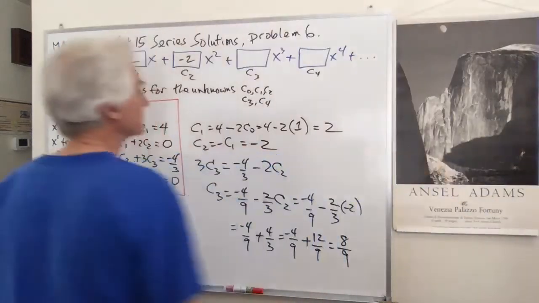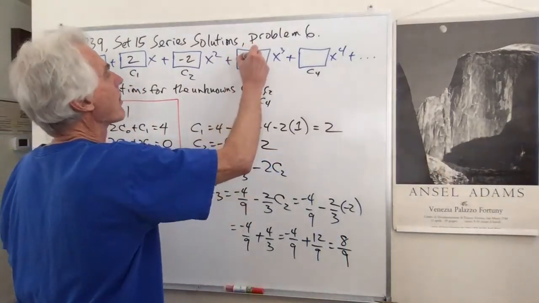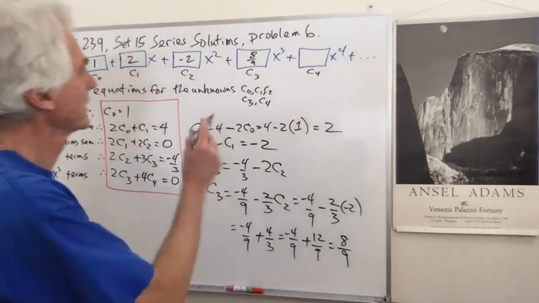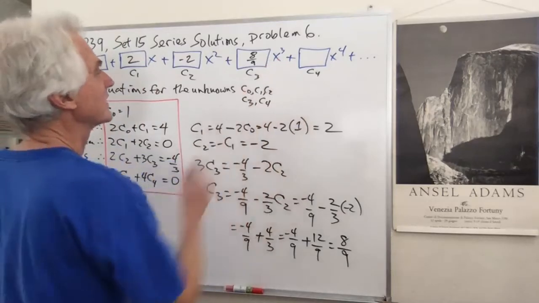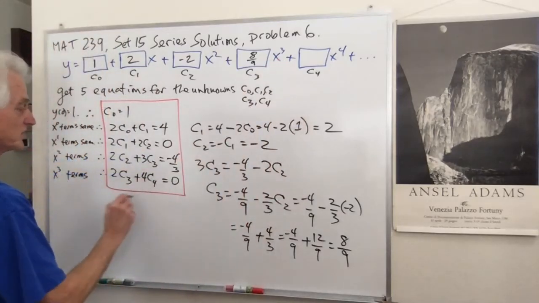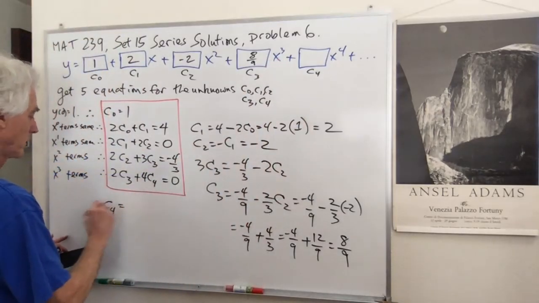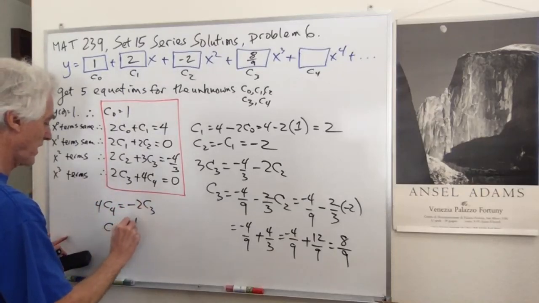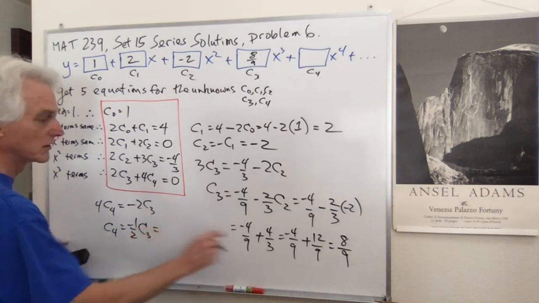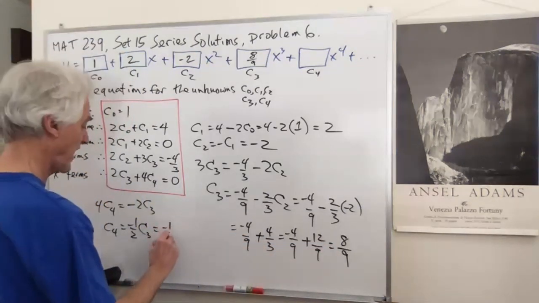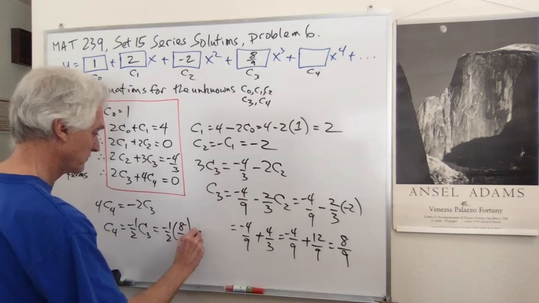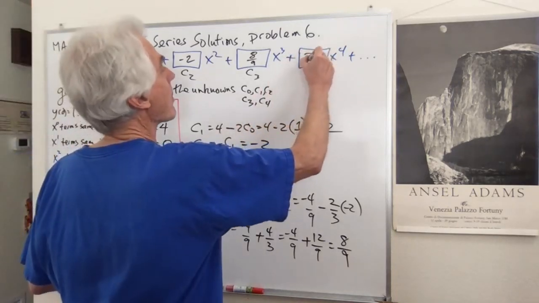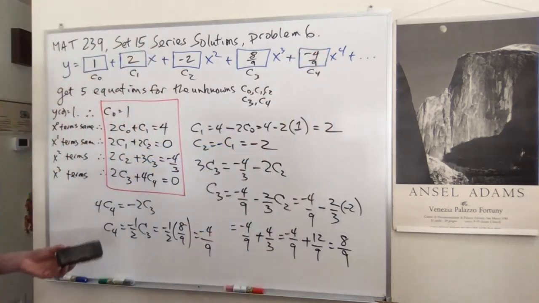I got it right. Cool. All right. So as I say, you probably want to check to make sure before you go on. Okay, so that is 8/9. Now I look for C4. 4C4 is minus 2C3, or C4 is minus 1/2 C3. Okay, that's minus 1/2 times 8/9, which is minus 4/9. Okay, and that's it.